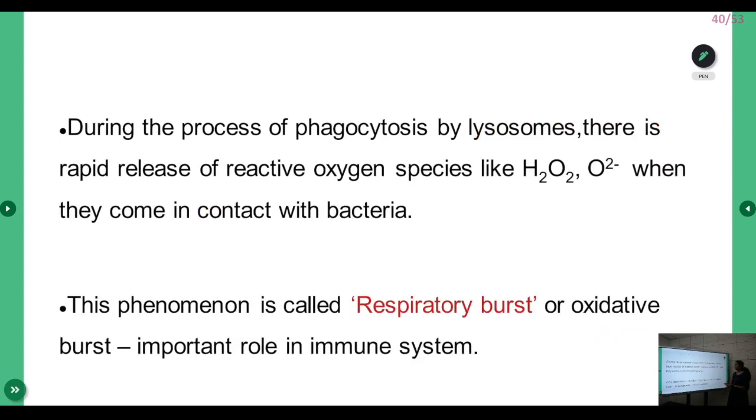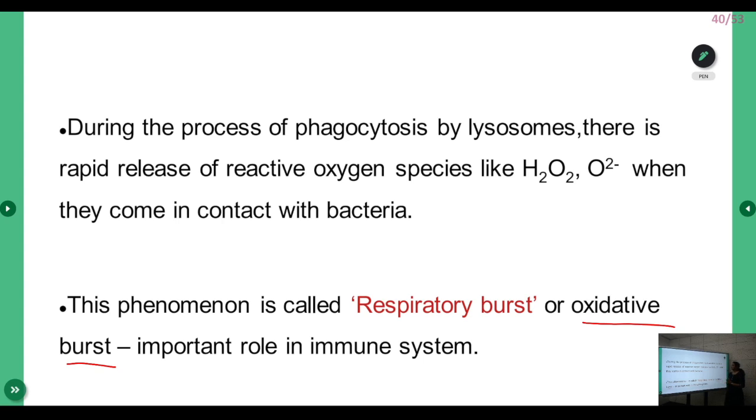During the process of phagocytosis by the lysosome, there is a rapid release of reactive oxygen species like H2O2, superoxide and hydroxide, when they come in contact with the bacteria. This phenomenon is called the respiratory burst or the oxidative burst. It plays an important role in the immune system.